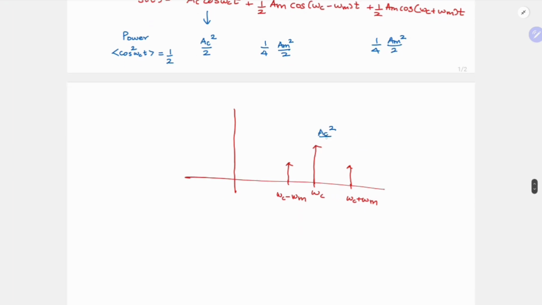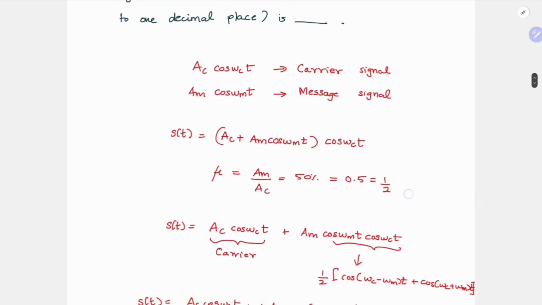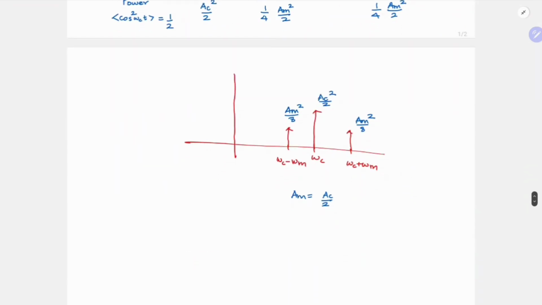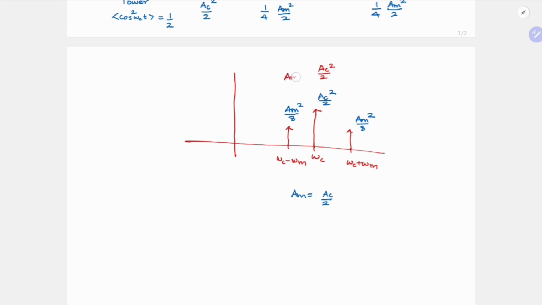The same we can write here: this is A_M square by 8, and this is also A_M square by 8. Now you also know that A_M is nothing but A_C by 2, right? We got that from here. So A_M square by 8 corresponds to A_C square by 8 into 2 square, which is 4. So it is 32. And this is again A_C square by 32.